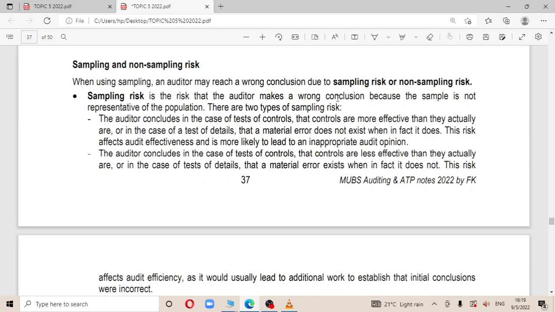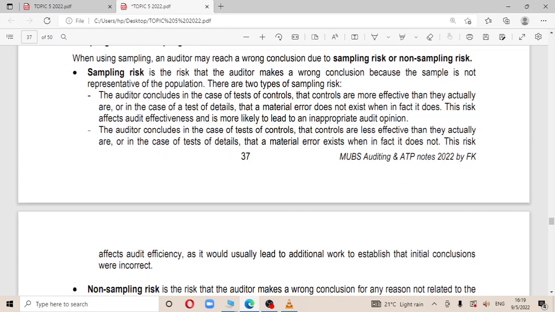So if you select the wrong sample, you will conclude that controls are working, yet they are not working. You will also conclude that controls are effective, yet they are not effective. You either say they are more effective when they are not effective, or you say they are less effective when they are actually effective. Or you conclude that the amounts are correct when they are not correct. Or you say they are not correct when they are correct.